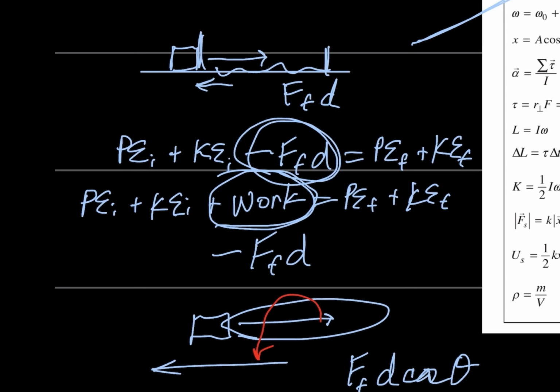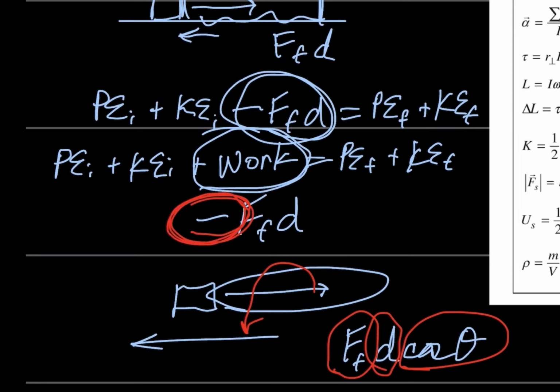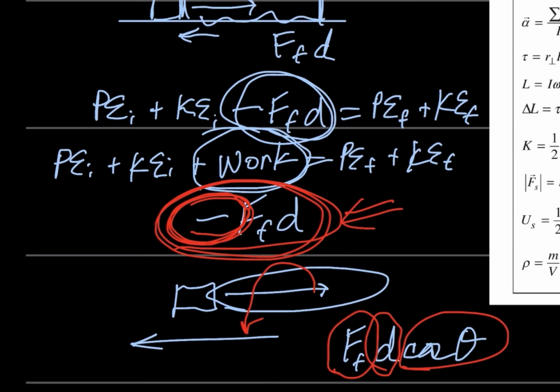So we can say the work done on the box is the force of friction times the distance through which it's applied times the cosine of 180, which is -1. And that's where that negative comes from. And we can say minus the work done on the box by friction. We just knew intuitively that it was decreasing the total energy of our system, but this justifies the use of the cosine. If that wasn't clear enough, drop me an email.